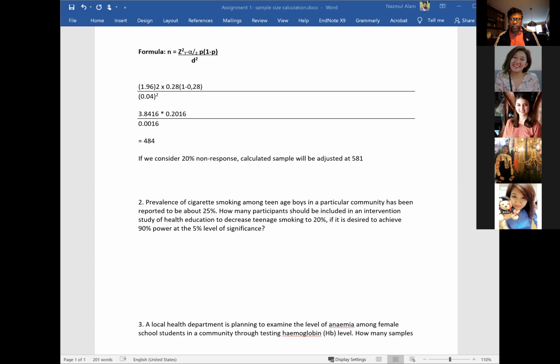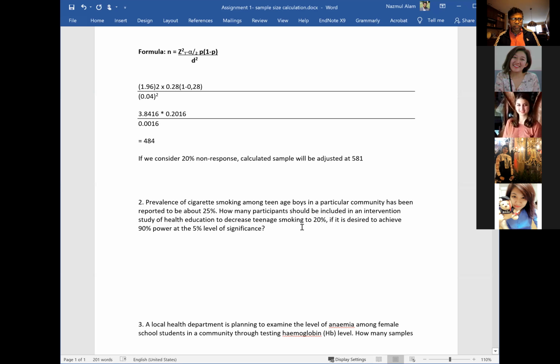Find that formula where there is an example. What is the example there? You see the smoking was reduced from 25% to 20% among teenagers because of something being done, giving education.